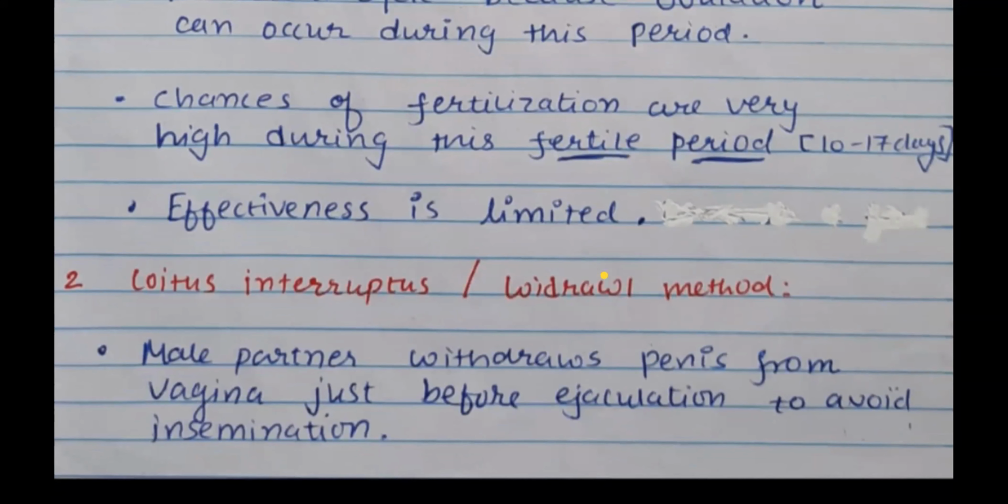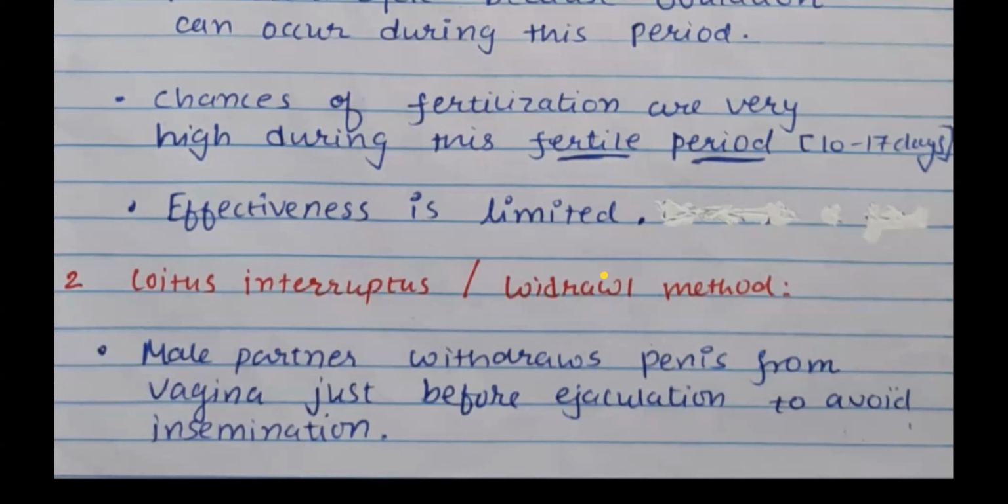The second method we call coitus interruptus, or another name, the withdrawal method. During copulation, the male partner withdraws his penis from the vagina of the female reproductive tract just before ejaculation. Ejaculation means the liquid, the semen, that comes from the male penis.